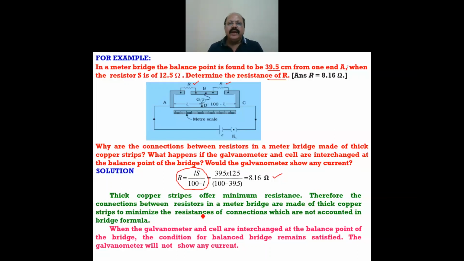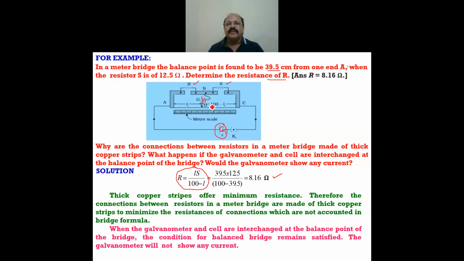Third part: what happens if galvanometer and the cells are interchanged at balance point of the bridge? It means if you are interchanging cell and galvanometer, you have to connect galvanometer here and you connect cell here.